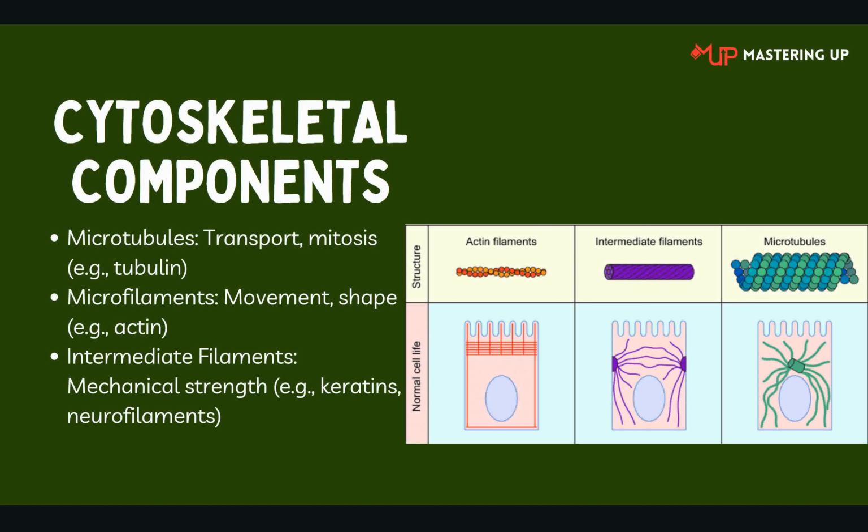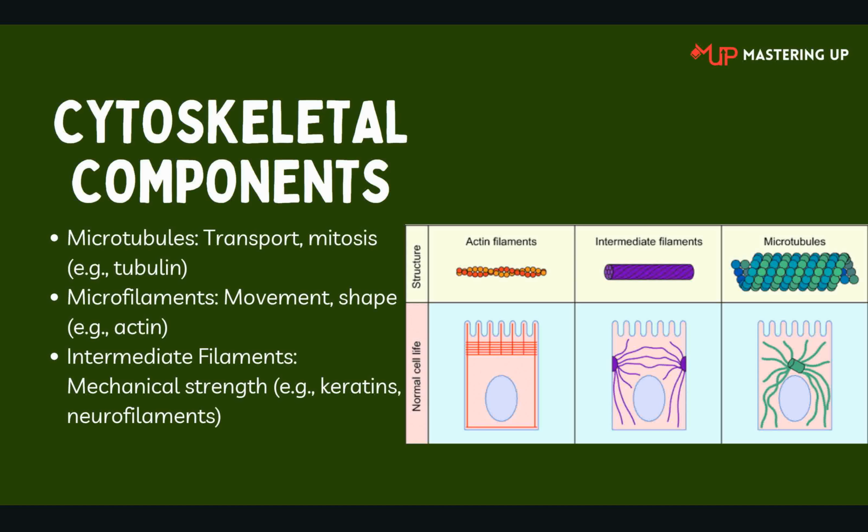Next, the microfilaments, that is the actin filaments, which are thin strands composed of actin. These are involved in maintaining the cell's shape, enabling movement, and facilitating processes like endocytosis and cytokinesis.